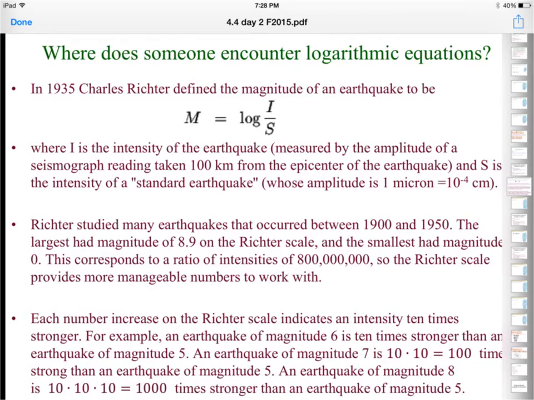Magnitude 5 versus magnitude 6 versus magnitude 7, those magnitudes of power are actually increasing exponentially, and taking the log of those magnitudes makes the numbers a little bit easier to deal with. So in science, there are certain cases where we would switch to a logarithmic scale.